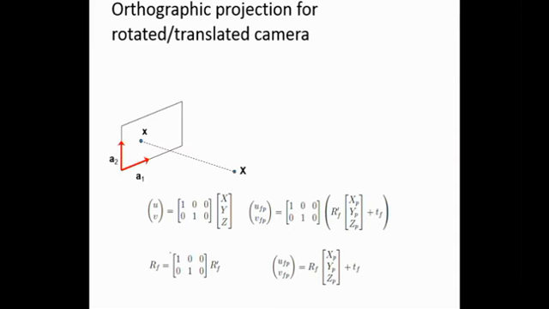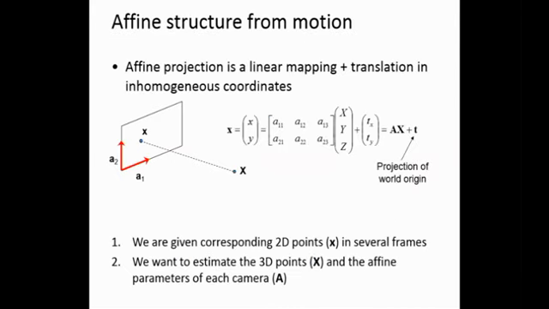So this is a 2 by 3 matrix, times some 3D point, plus a translation. Affine projection is a linear mapping in inhomogeneous coordinates from 3D points onto a 2D point plus some translation. And the meaning of that translation is that it's the projection of the world origin onto the point.